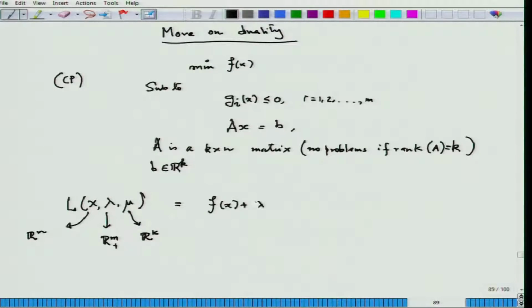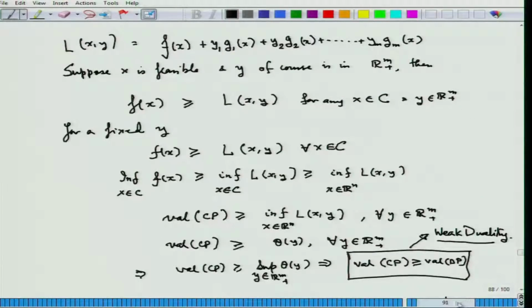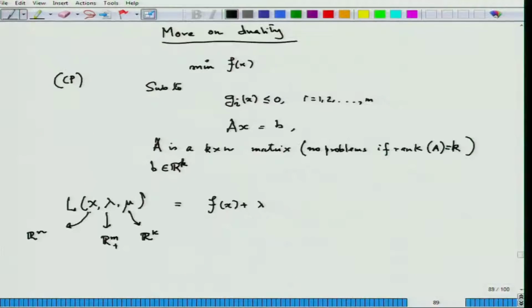I am just changing notation because we are in a more general setup. You can also write A x minus b, does not matter, whichever way you take it, it is the equality constraint. So, this is my associated Lagrangian in this case.